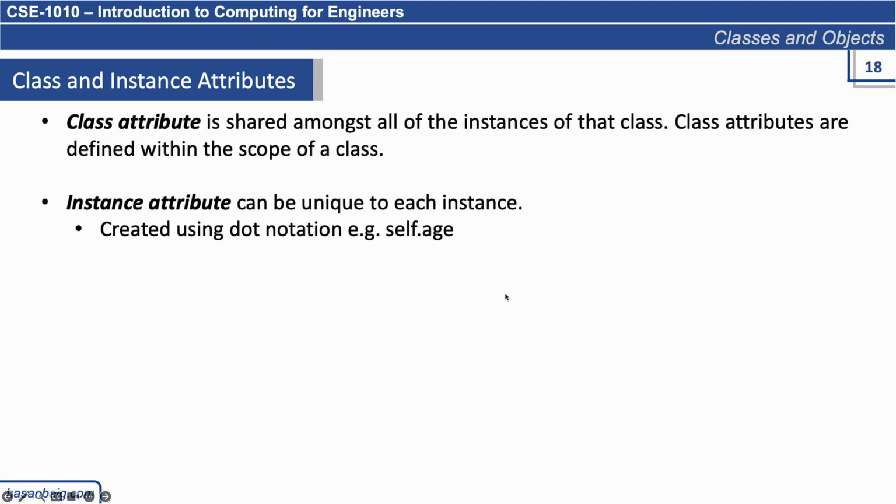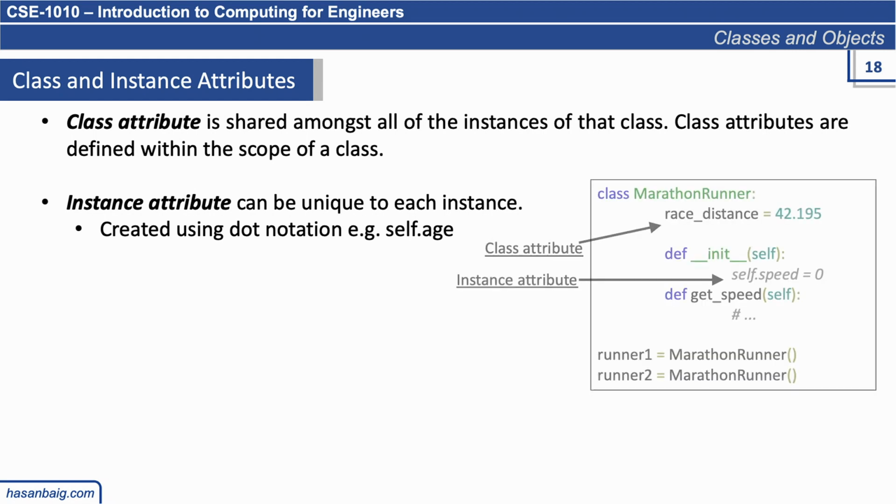So there is one last thing that I wanted to talk to you about in this object-oriented paradigm. A class attribute is shared among all of the instances of that class, and class attributes are defined within the scope of a class. Another thing is called the instance attribute. You can see here in the initializer method, we have an attribute named speed, and if we declare it with the keyword self, we can access this attribute in all of the methods within the class.